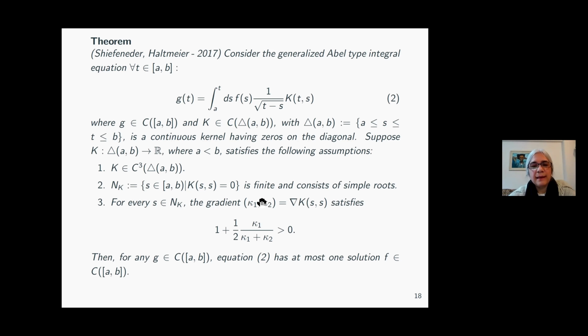Sobre la diagonal, el núcleo tiene un conjunto de ceros finitos, y son raíces simples, y además existe una relación particular entre las componentes del gradiente del núcleo sobre la diagonal. Entonces, estas tres hipótesis son las que tiene que satisfacer el núcleo en nuestra integral.